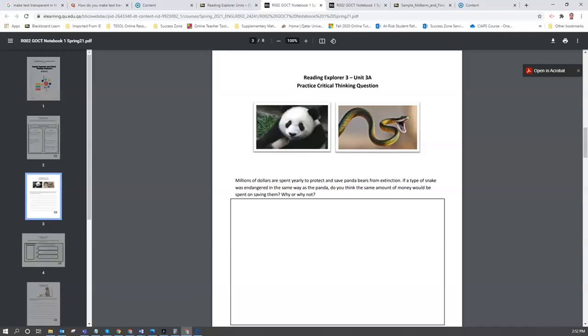If a type of snake was endangered in the same way as a panda, do you think the same amount of money would be spent on saving them? Why or why not? Okay. So basically they're asking, do you think the world would spend lots of money to save a snake? Similar to a panda? Why or why not? So again, you're going to want to write a sentence with your opinion and then your 3 reasons, and then give an example.